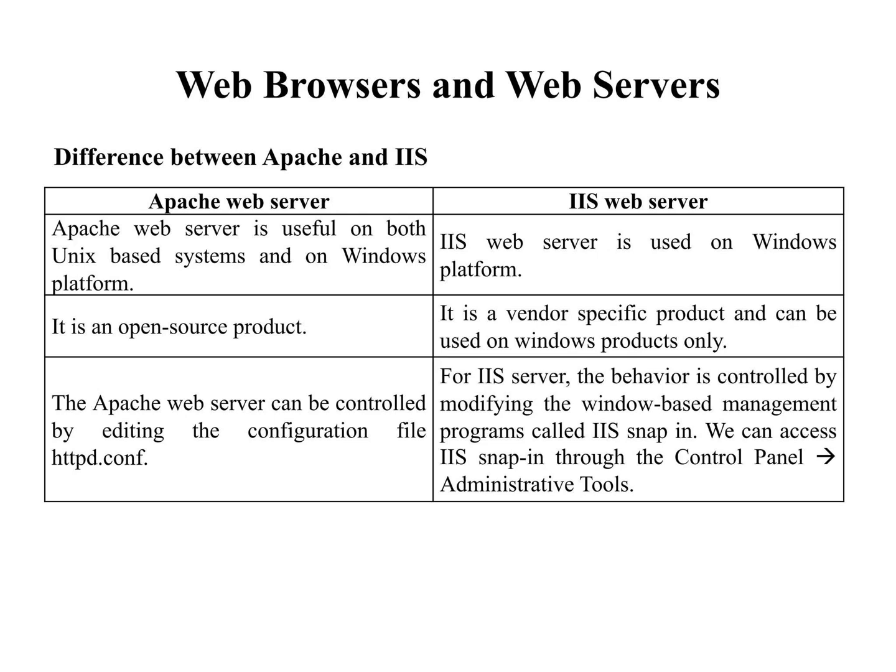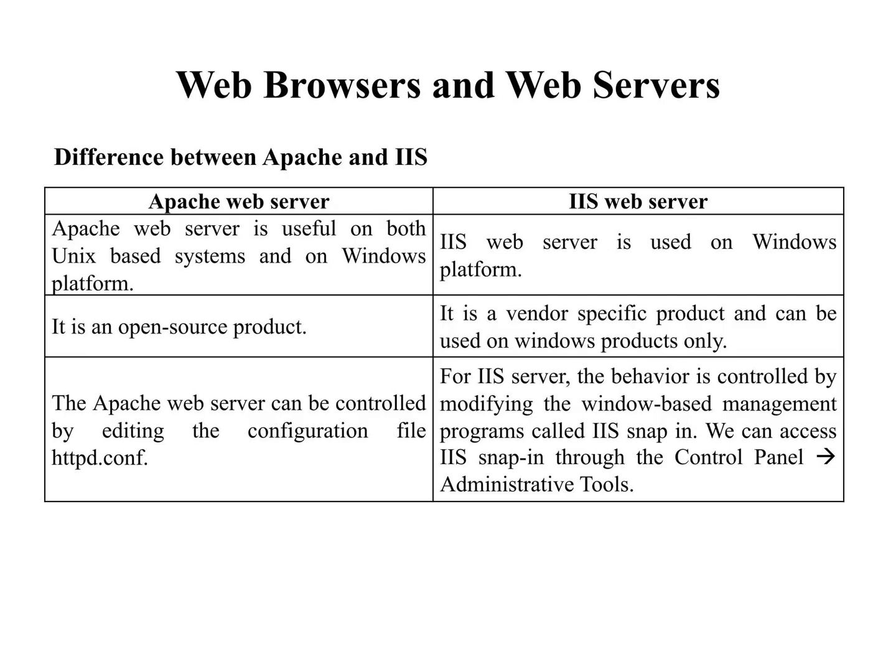Next, see the difference between Apache and IIS. Apache is useful on both Unix-based systems and on the Windows platform. IIS is used on the Windows platform only. Apache is an open source product. IIS is a vendor specific product.